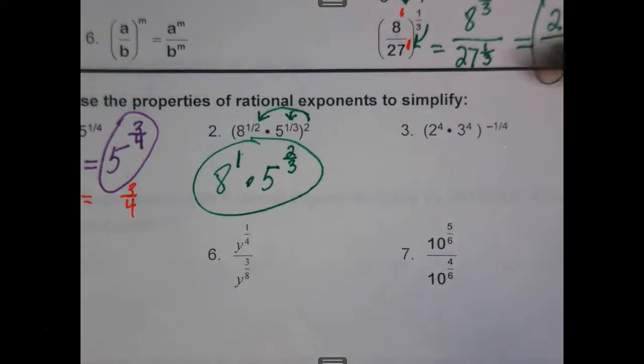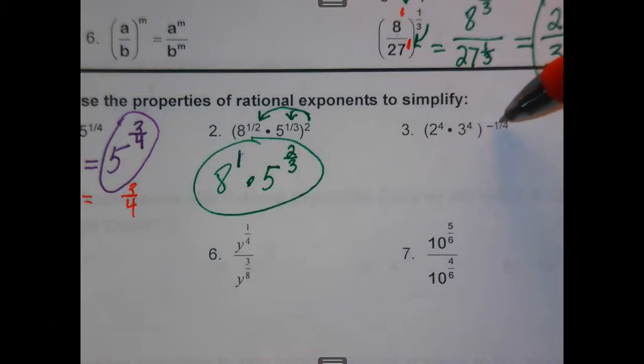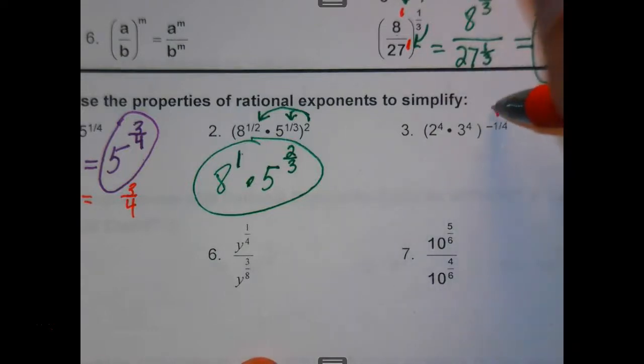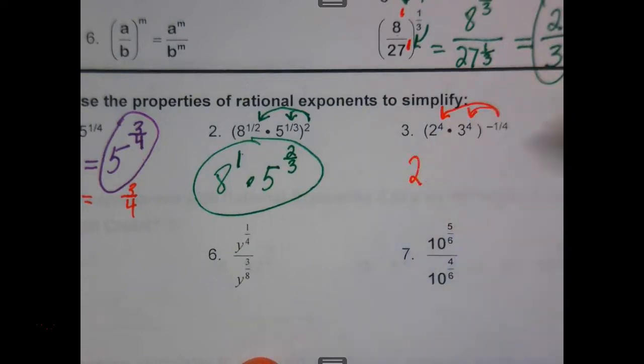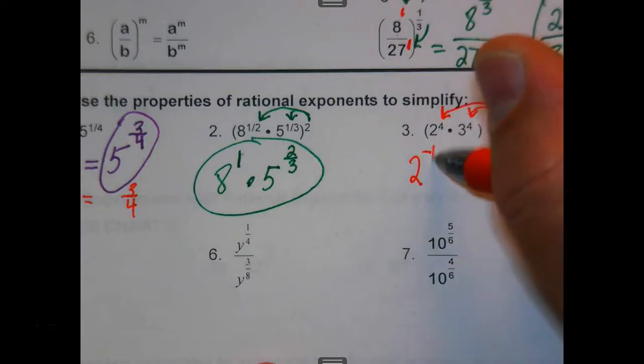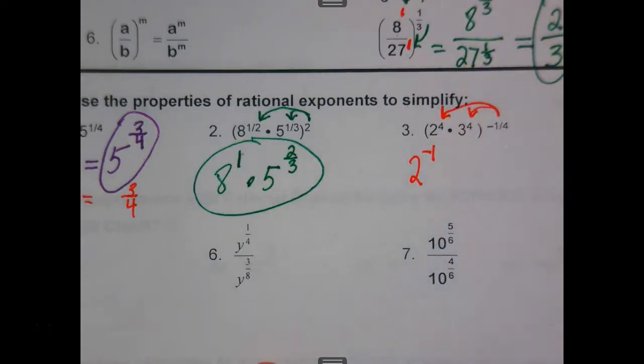All right. I also have different bases, with a negative exponent outside parentheses. Not only that, but we're going to have to deal with negatives. So I'm going to multiply each exponent. What's 4 times negative 1/4? -1. Very good. Do I need to review? 4 times negative 1/4, these cancel. 1, 1, everything's 1 and a negative, so it's -1.